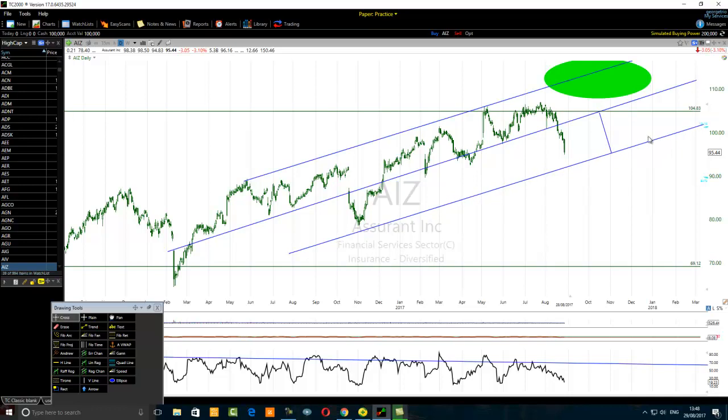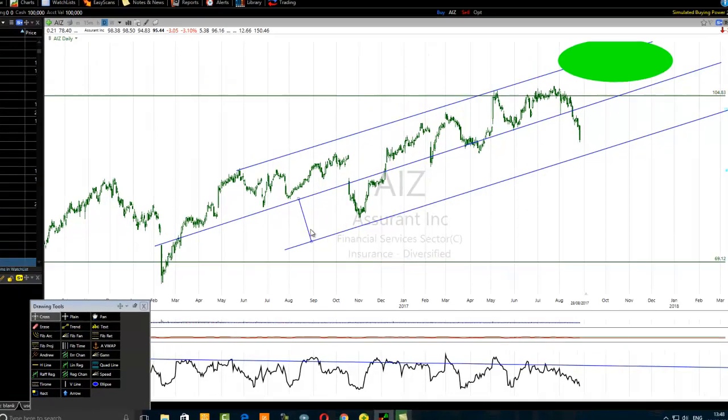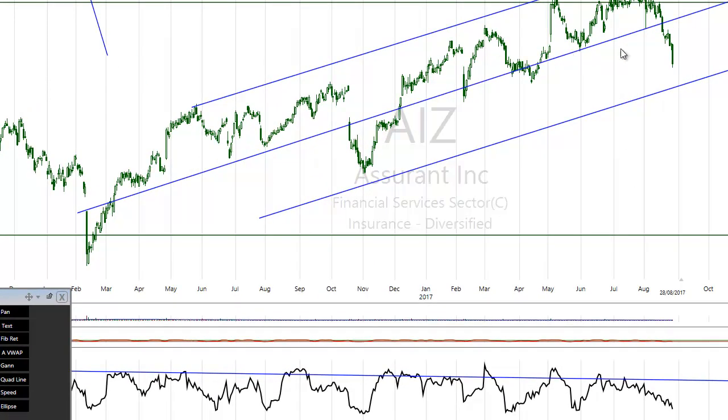Something like that. That's it. So we project the first channel in the direction of the price because it's coming down. A lot of market geometry traders would prefer to bring it all the way here.